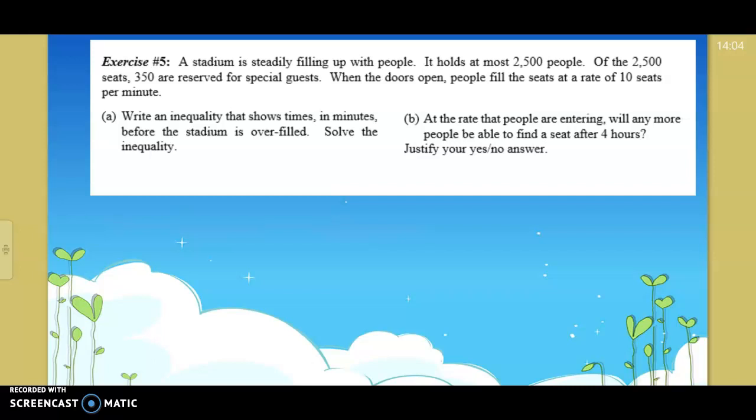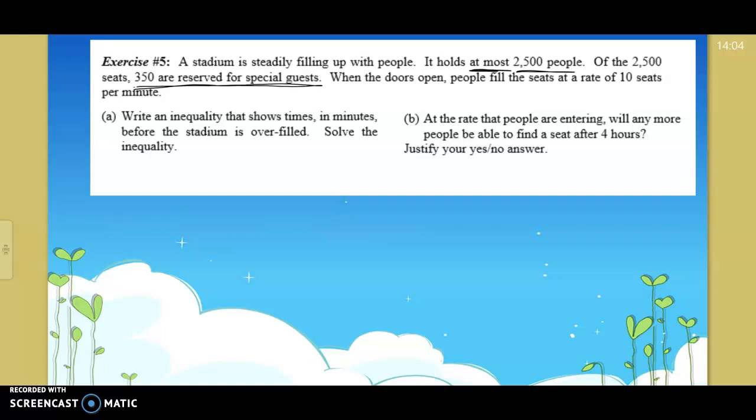So this stadium holds at most, one of our vocab words, 2,500 people. Of the 2,500 seats, 350 are reserved for special guests. We need a little bit more information. Let's think of those as people already in the stadium. Those people got a special preview, they got in early.